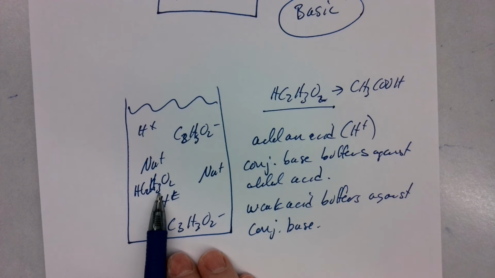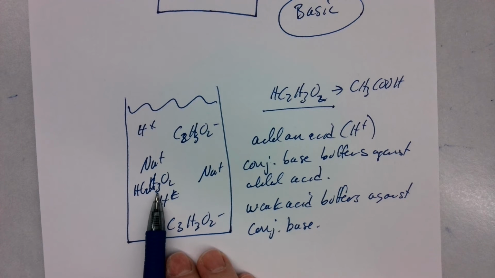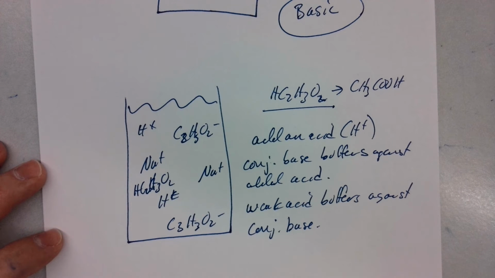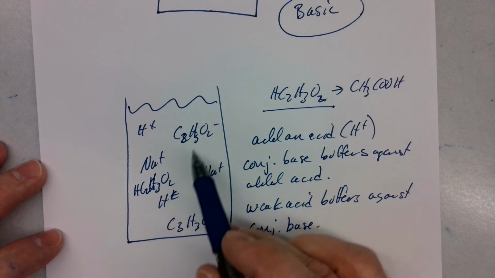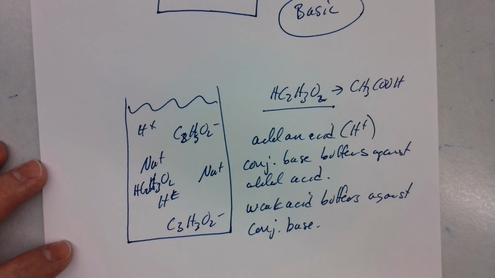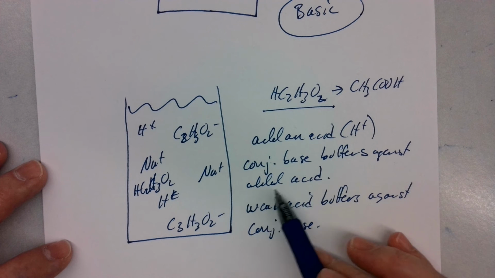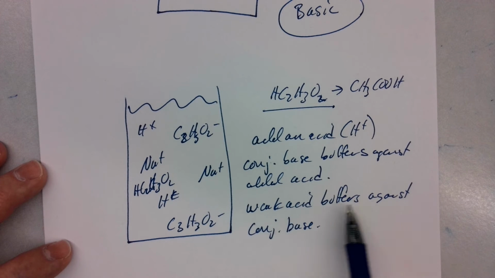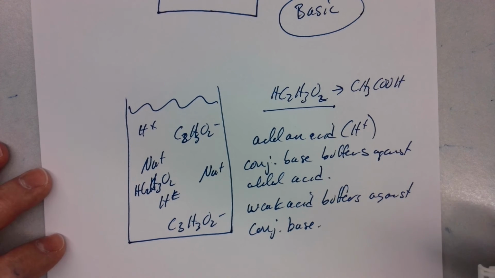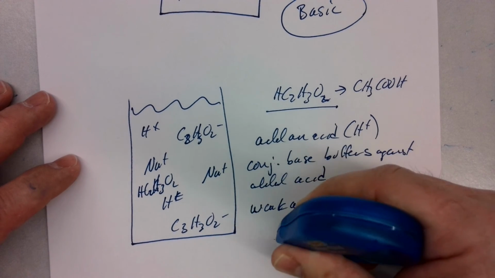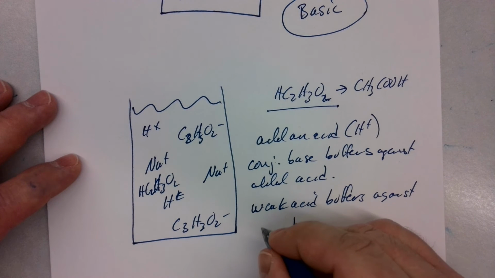Well, OH is way better to be bonded with, so it'll literally break away and bond with that. So you'd end up having a whole bunch of the acetate ions left over. But you need to know this: conjugate base buffers against added acid. The weak acid buffers against added base. That's not supposed to say conjugate base, I don't know why I wrote that there.